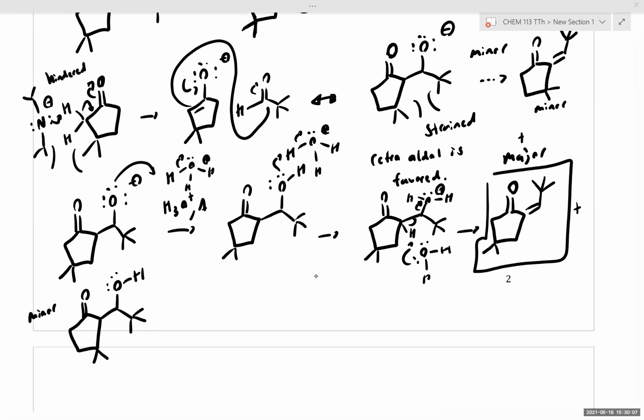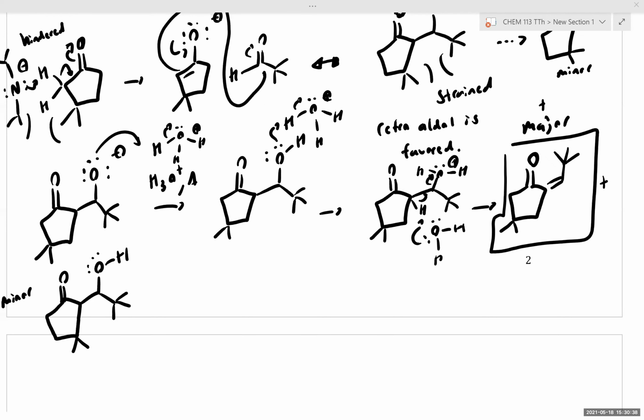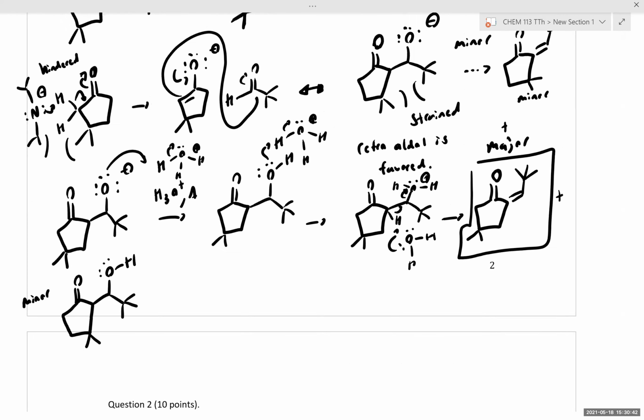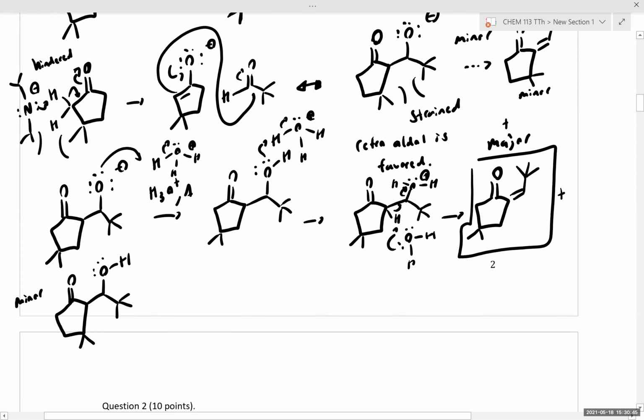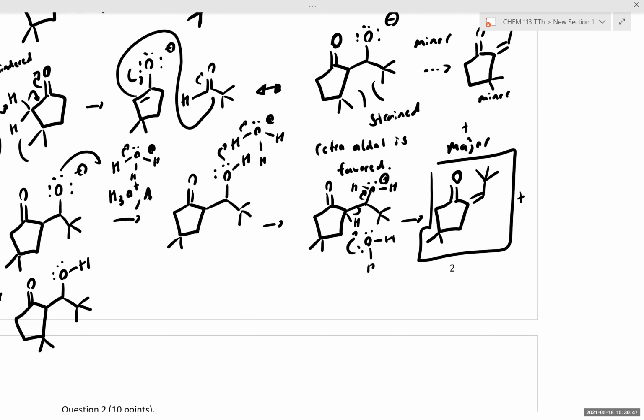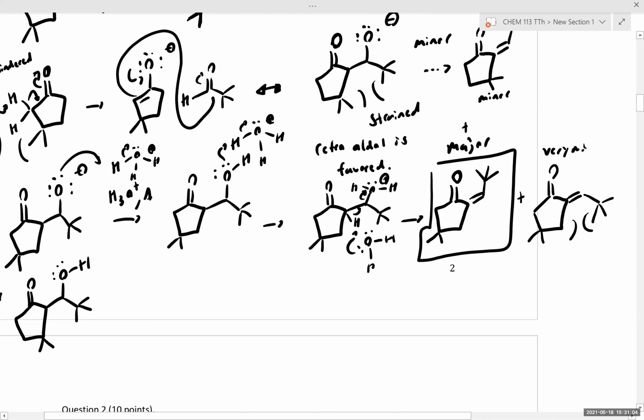You do see a little bit of a mixture of the alkene geometries, but generally you want to avoid the steric clash between your ring and the alkyl group on your alkene. So this is typically very minor in terms of the other elimination product.